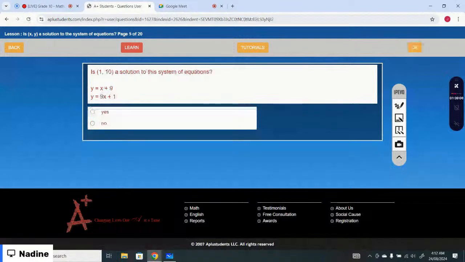Okay, the next one is: is 1, 10 a solution of the system of equations? So which is the correct option?